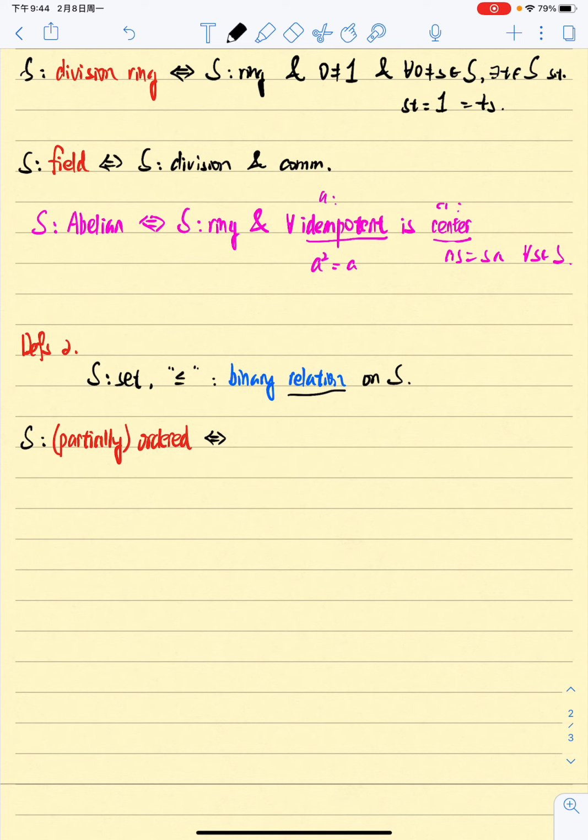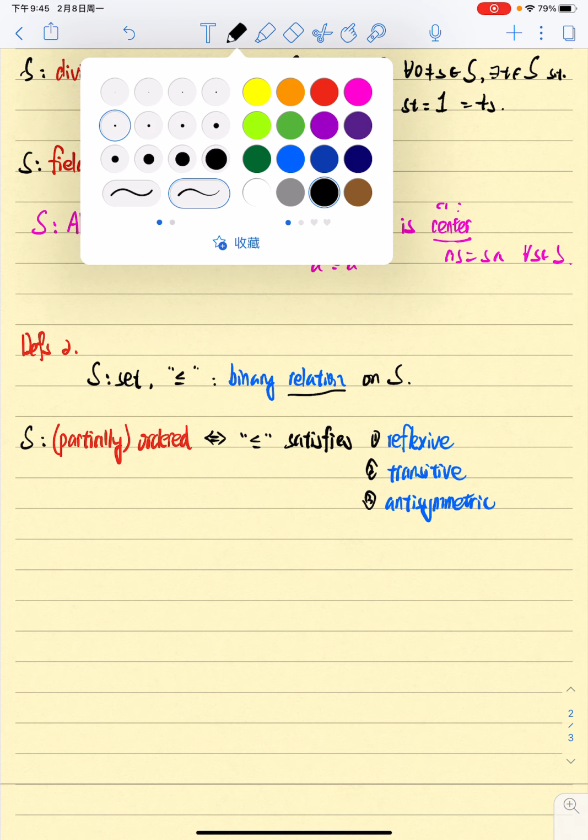the relation satisfies three laws. The first is reflexive, the second is transitive, and the third is anti-symmetric. Let us study these three laws one by one.